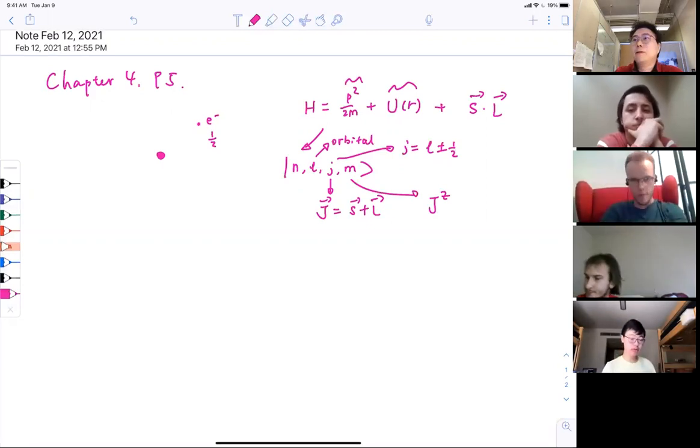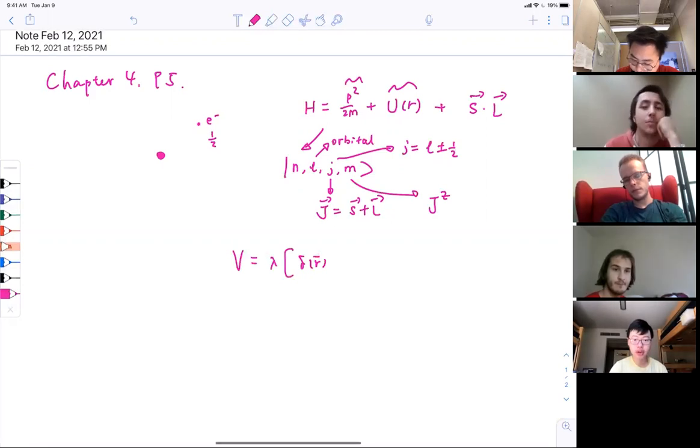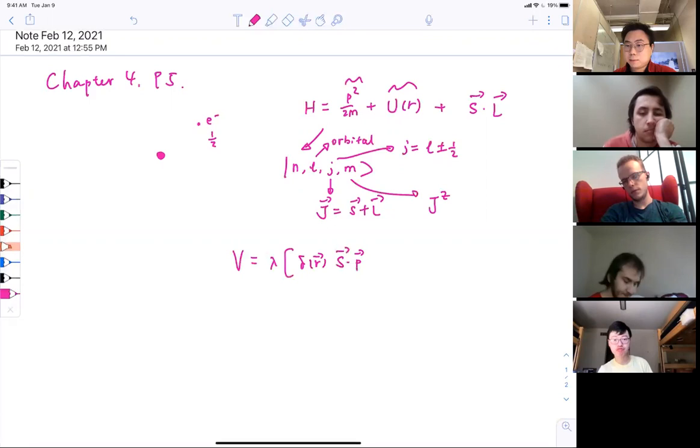And now, okay, so the problem tells us there's a small perturbation, lambda delta R, something like this. By the way, feel free to stop me if you have any questions or get confused.